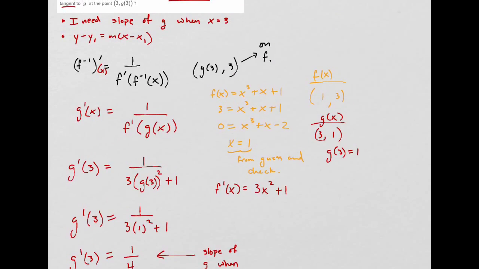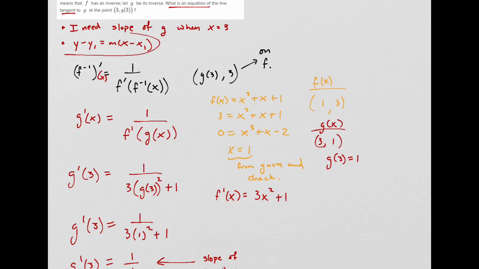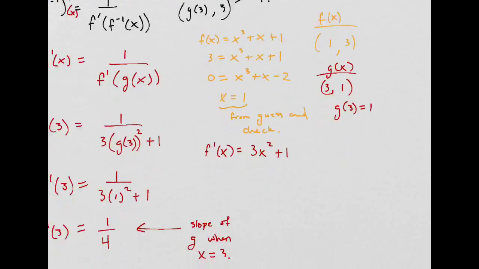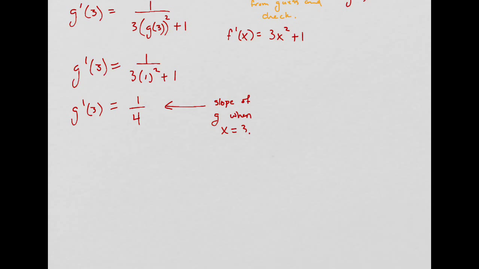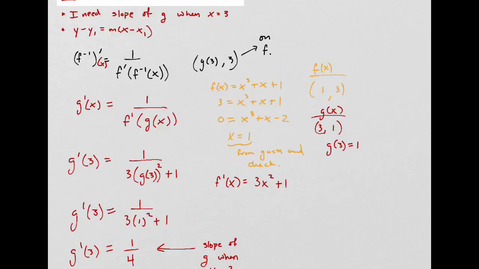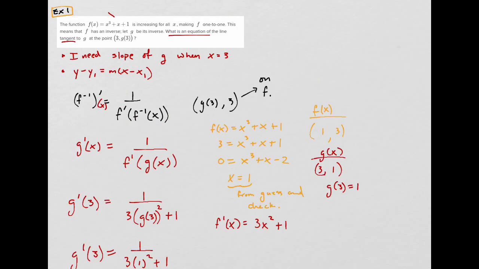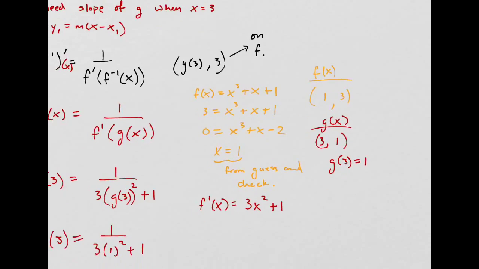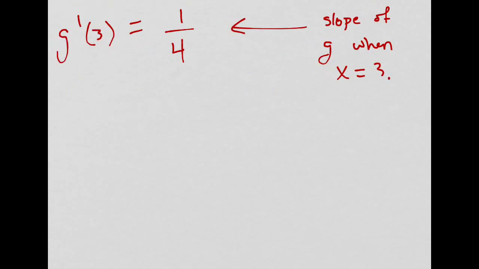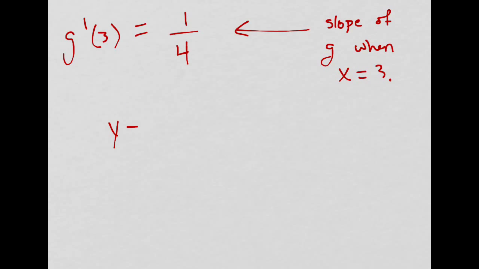So I'm pretty close. Now I can use that equation. This is the first example. These must be crazy. We're going to do a lot more examples, probably with whiteboards. So what do I have? y minus y1 equals m times x minus x1.